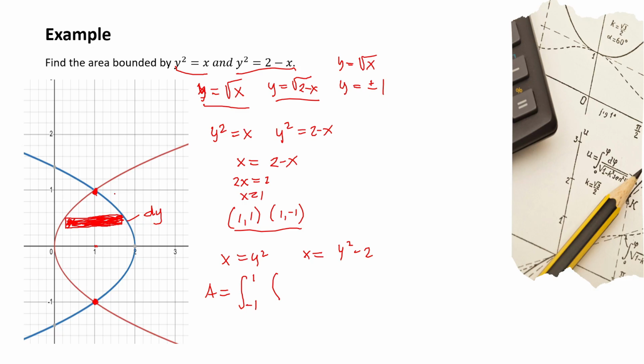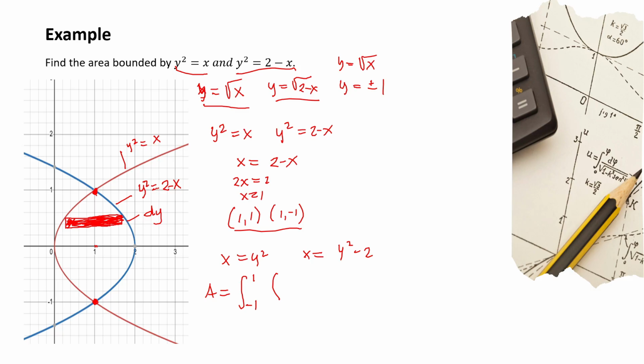From the left, our equation is y squared equals 2 minus x, and the other equation is y squared equals x.